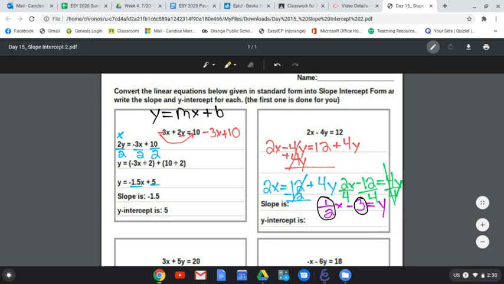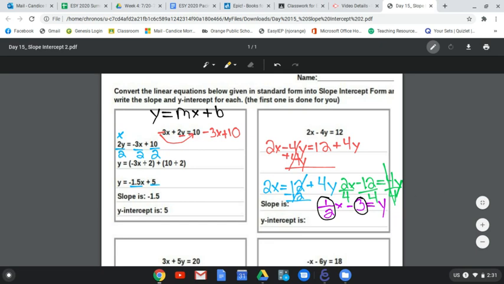Now, this is very tricky, so I would hope that you would come on the Google Meet to get help with this. It takes time and it takes practice to do this. It's not that easy. You have to know exactly what's the opposite of the operations. You have to do inverse operations, which is the opposite, and do that for both sides.